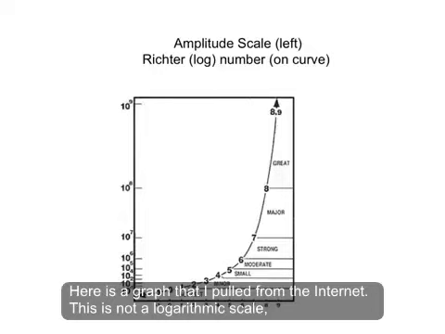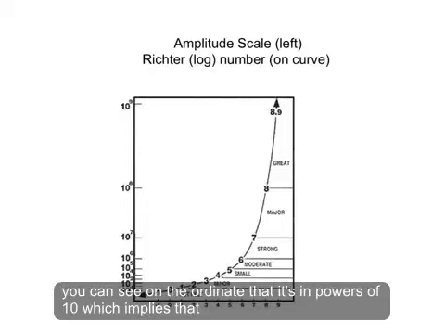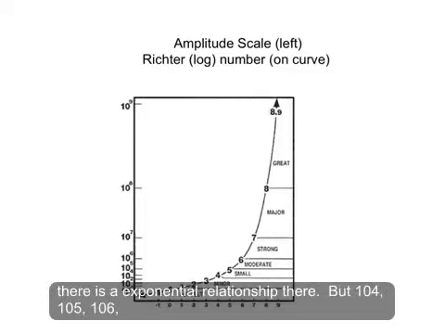Alright, now here is a graph that I pulled from the internet, and here this is a logarithmic scale. You can see on the ordinate that it's in powers of 10, which implies that there is an exponential relationship there.